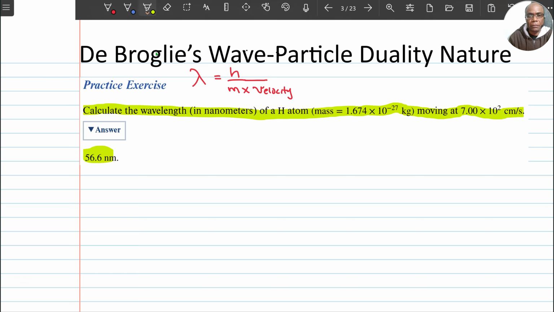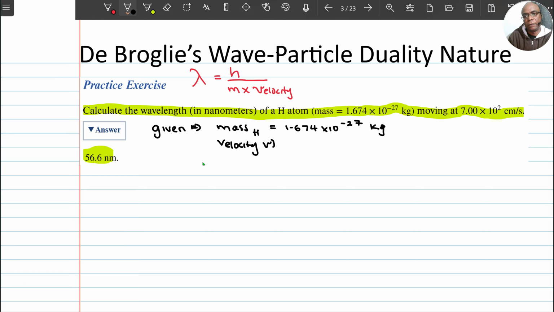We are trying to get to this answer. So here comes the process. First of all, list down what you're given, because if you don't know what you're given, how will you get what you're looking for? So you're given here the mass of our hydrogen to be 1.674 times 10 to the power minus 27 kilograms. That could be equal to a mass of a proton anyway. And then you're also given the velocity.